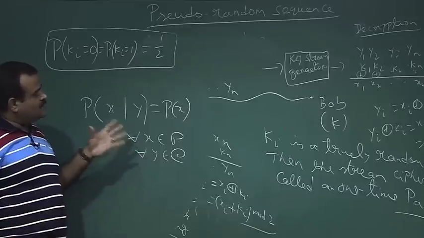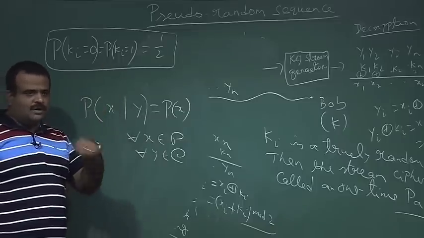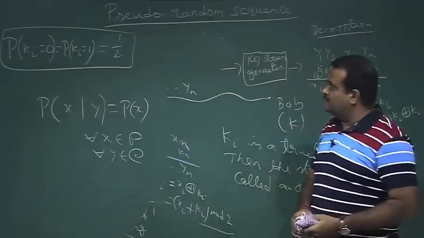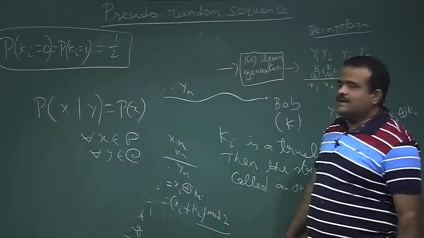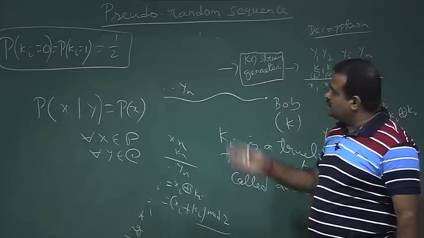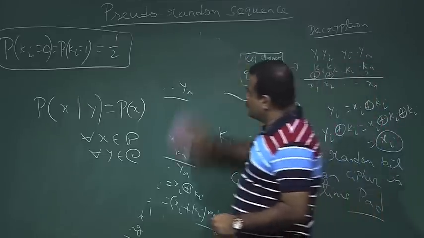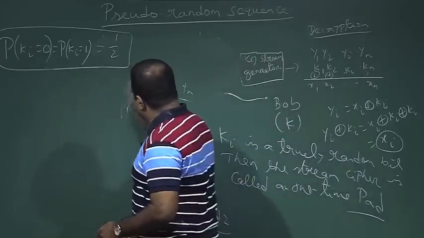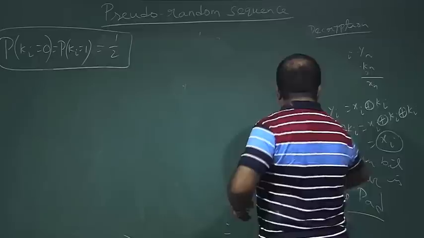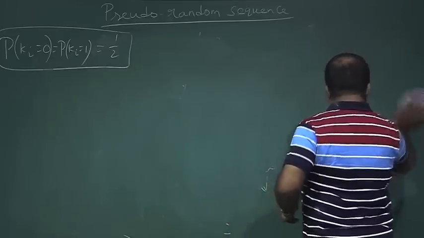But the problem is, getting a truly random bit is not practical, because we have to follow some deterministic algorithm to generate these random numbers. So, getting truly random numbers is not possible in practice. That is why we call this a pseudo random sequence.